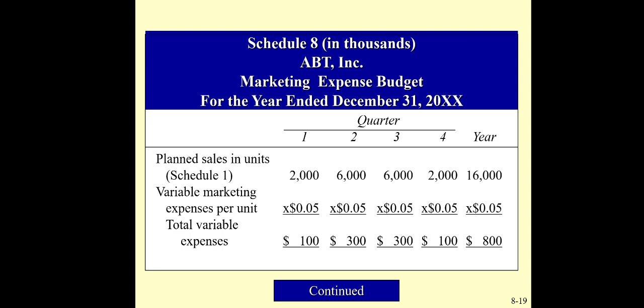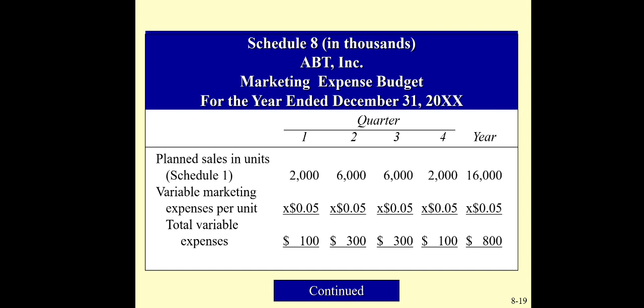So that's why, when you see this marketing expense budget, the first item is the number or quantity of sales. These numbers come from schedule 1, the sales budget. See here: quarter 1 2,000, quarter 2 6,000, quarter 3 6,000, quarter 4 2,000.